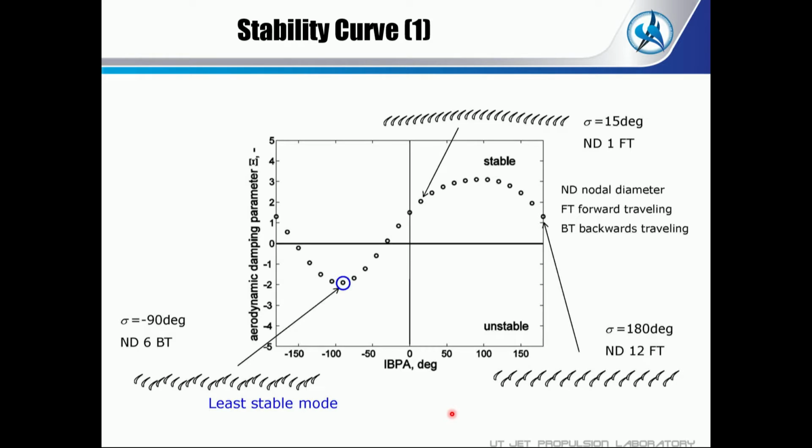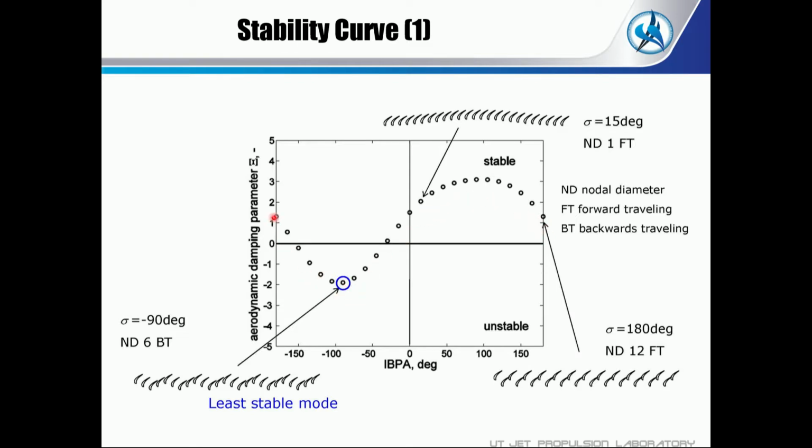Okay, and after this computation, we can have this kind of results. The typical one is the aerodynamic damping parameter against IBPA, the interblade phase angle. If we change the IBPA, we can have the aerodynamic damping results like this curve.